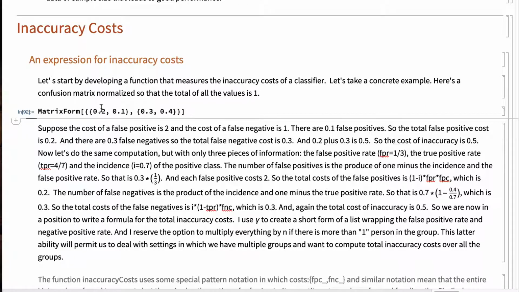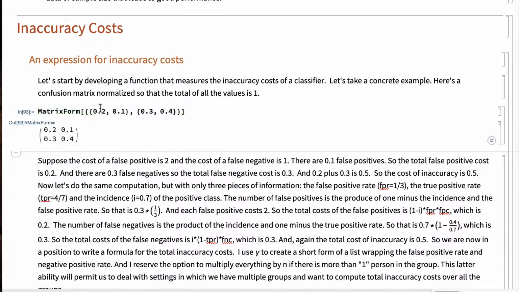Here's a confusion matrix that's been normalized so that the total of all the values is 1. Now, suppose the cost of a false positive is 2, and the cost of a false negative is 1. Well, there are 0.1 false positives, so the total false positive cost is 0.2, 2 times 0.1.